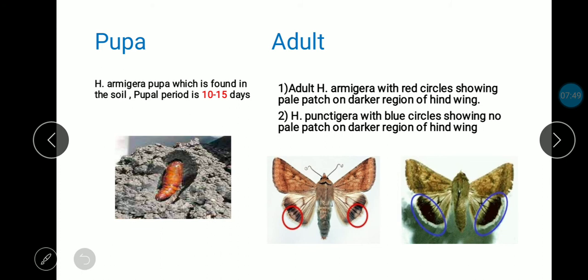Punctigera has a dark black band, and Helicoverpa armigera has a pale colored patch in a dark band. In this red circle you can see this difference and identify the armigera species.